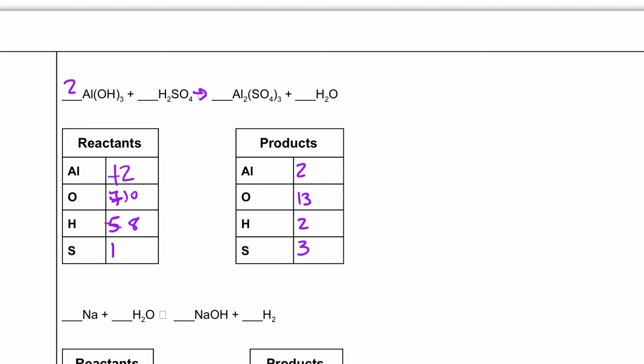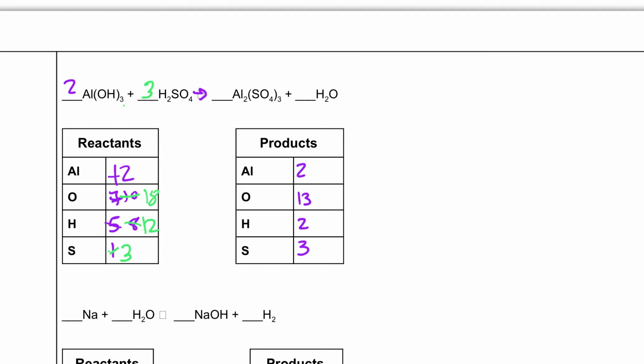Now I need to balance my sulfurs. And on my reactant side, I need to put a 3 in front of my H2SO4. And my numbers will change to look like this. So now all that's left is to balance my hydrogens and oxygens.